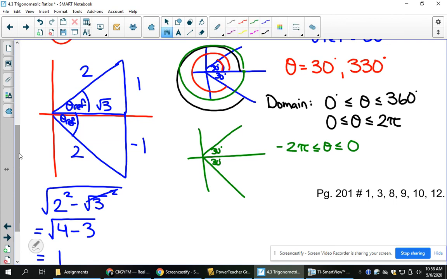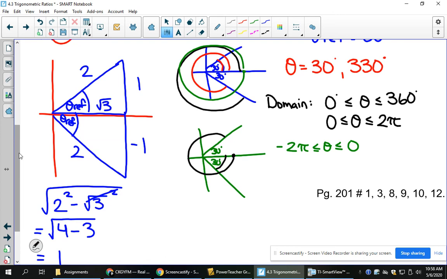What that means is we're starting on the positive x-axis, and instead of rotating in the positive direction, we're going to rotate in the negative direction. So one of our answers is that big black angle that I just drew. The other answer is this smaller black angle. I just rotate in the opposite direction until I hit the terminal arm.